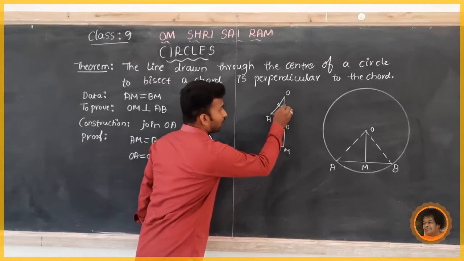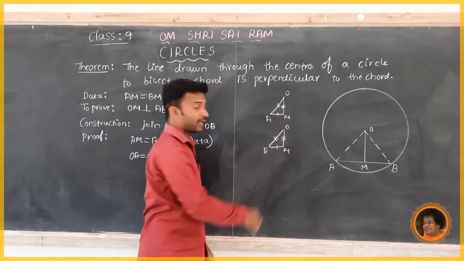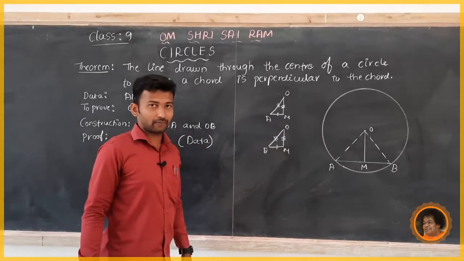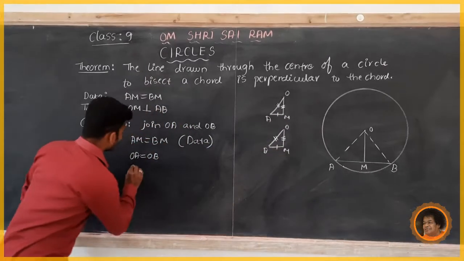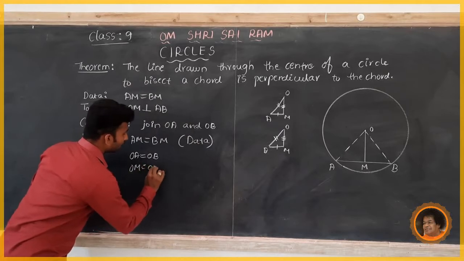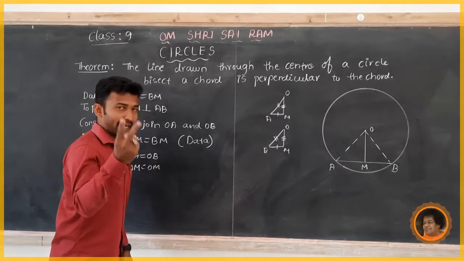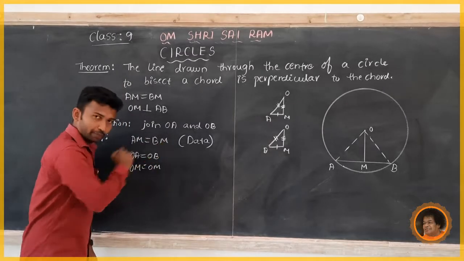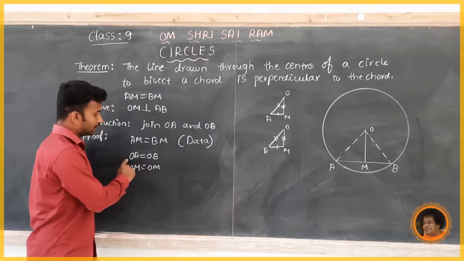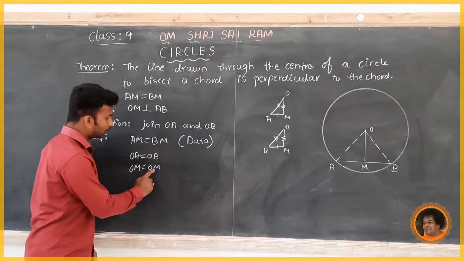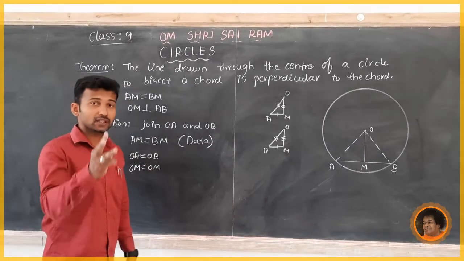So we have three equal elements: AM equal to BM, first side; OA equal to OB, second; and OM equal to OM, the third element.